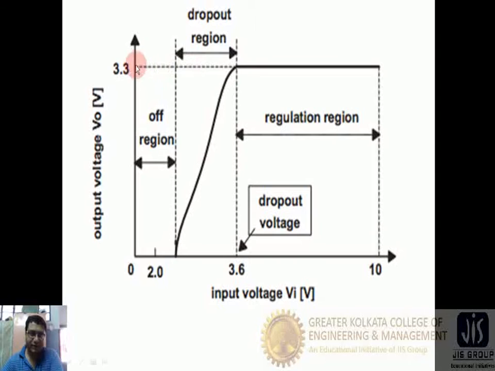In this graph it is 3.3 volt. So we can say it is a graph of a 3.3 volt voltage regulator. If we increase the input voltage, 3.6, 3.4, 5, 6, 7, 8, 9, 10, the output voltage is regulated at 3.3 volt.